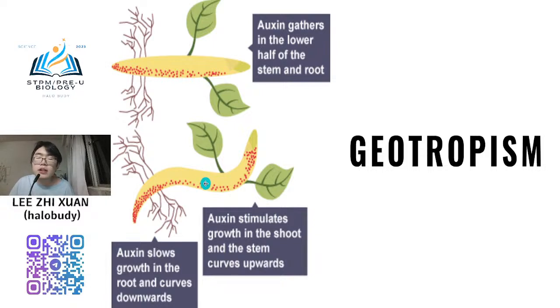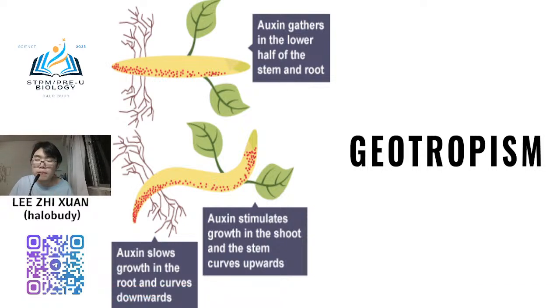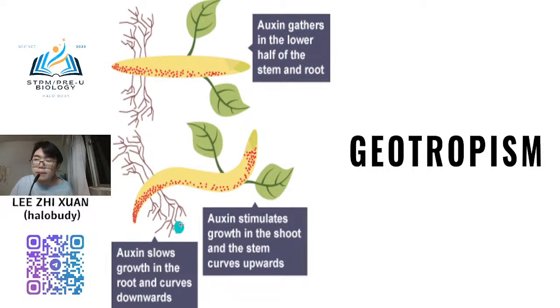So it is two totally different functions. Auxin in the shoot stimulates growth, but auxin in the root inhibits growth. So when you talk about the function of auxin, we normally talk about the shoot only. This is very important that you need to know.